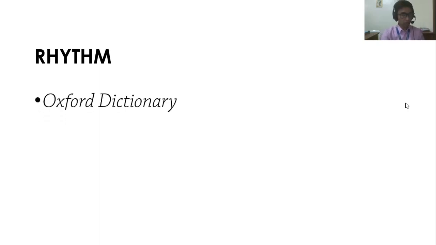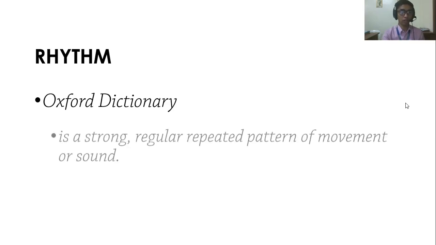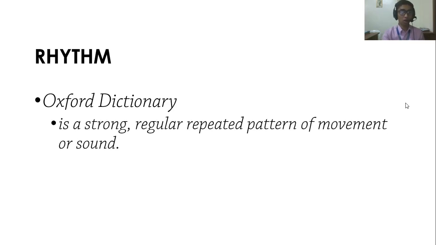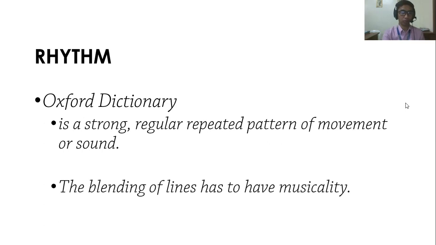If we are thinking about real evidence that poems were really sung a long time ago, we also need to unravel the term rhythm. According to the Oxford Dictionary, rhythm is a strong, regular, repeated pattern of movement or sound. Or another definition says the blending of lines has to have musicality.